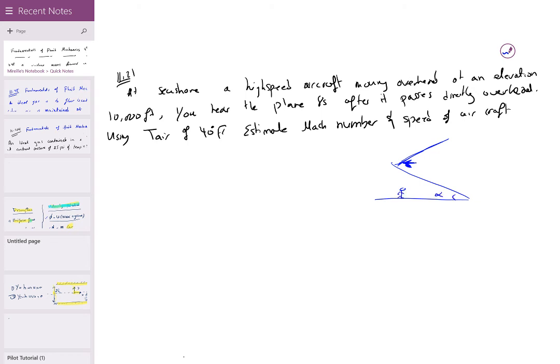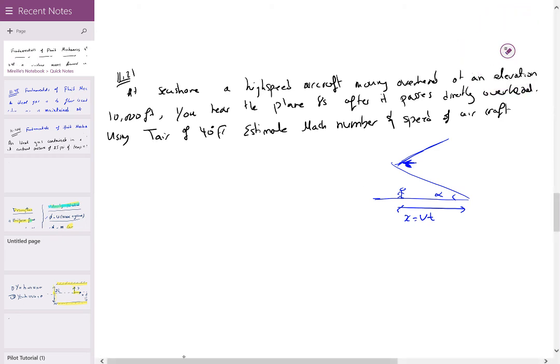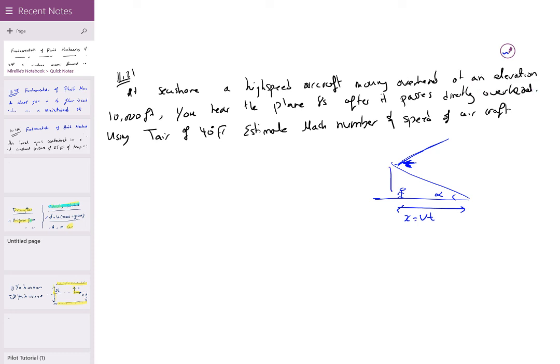This is the angle of the cone. This is the height, elevation Z. And this is the distance X, which is velocity times time. So I'm asked to find the Mach number and the speed of the aircraft.